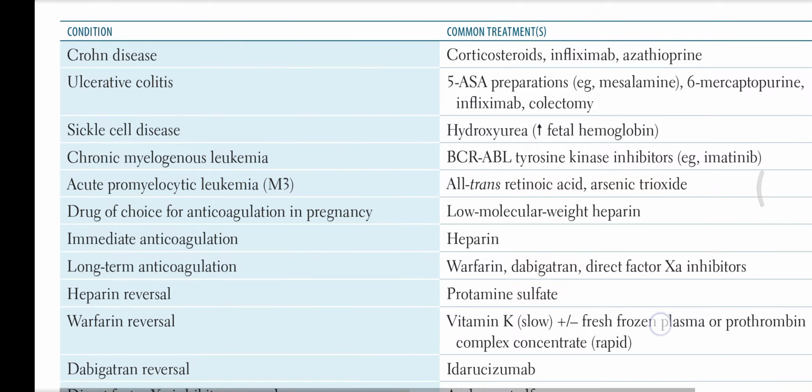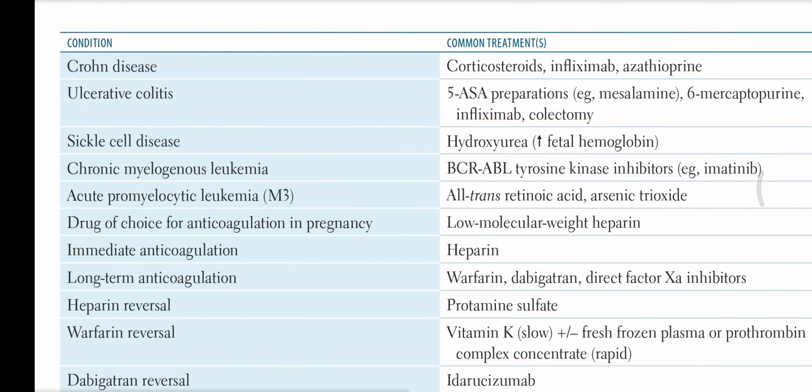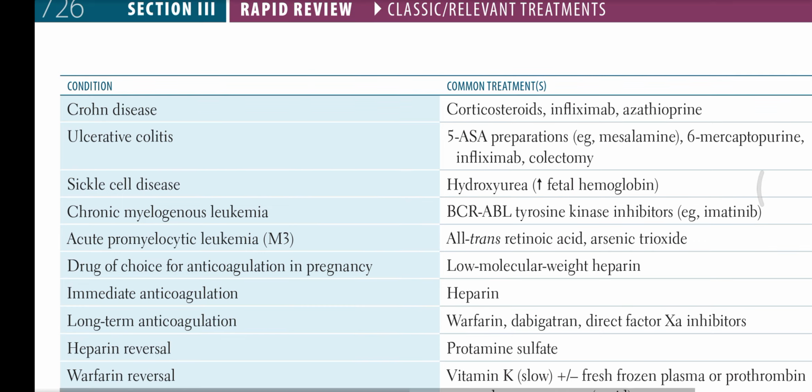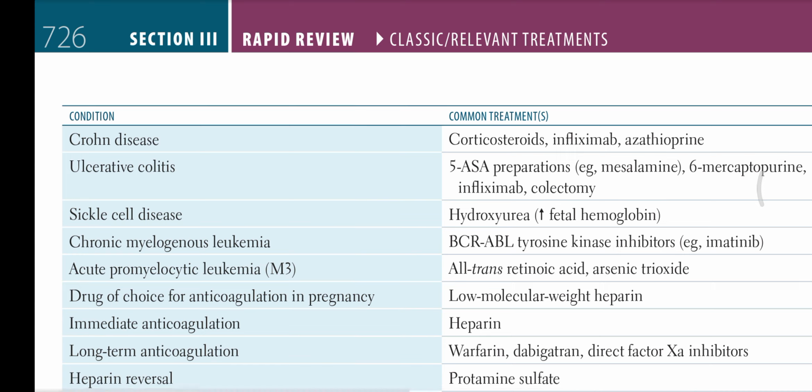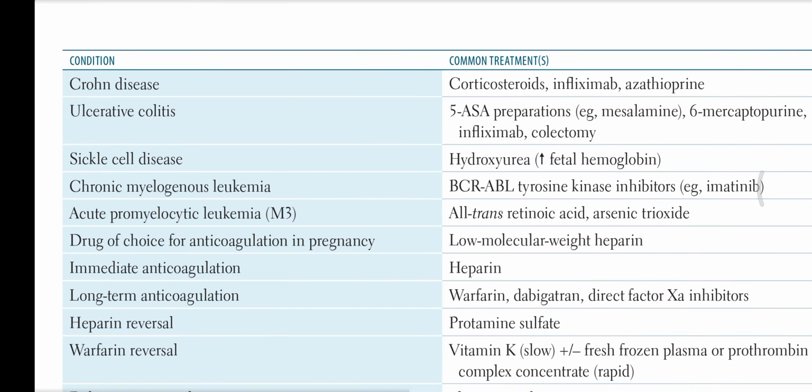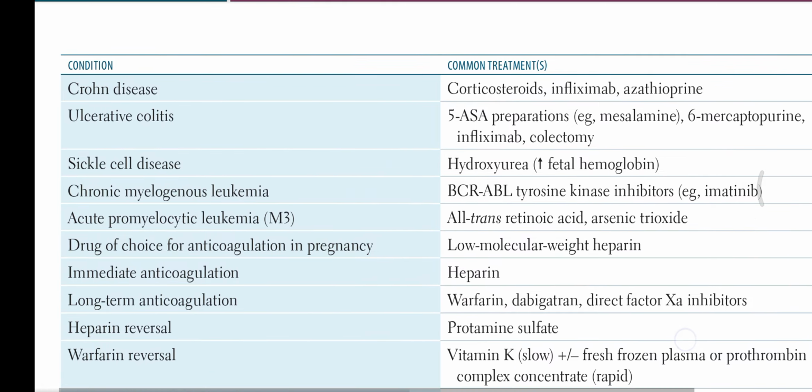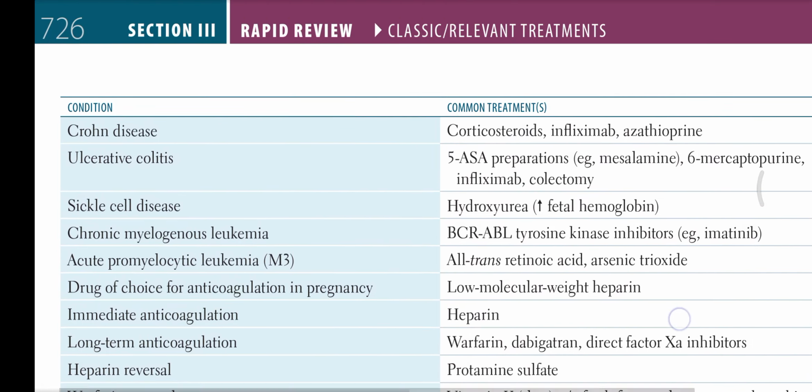Long-term anticoagulation: warfarin, dabigatran, direct factor Xa inhibitors. Immediate anticoagulation: heparin, with reversal by protamine sulfate. Drug of choice for anticoagulation in pregnancy: low molecular weight heparin.